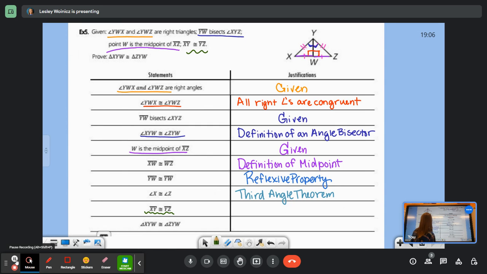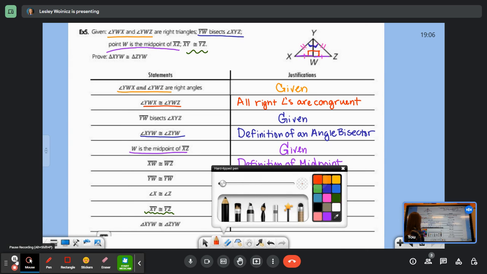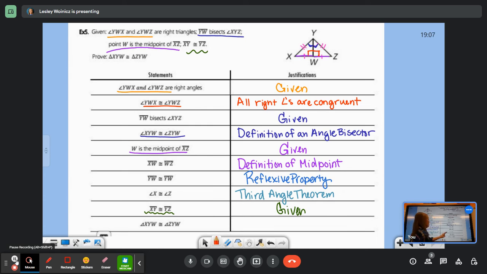That was given to us. Now if you look back over this, we have all three sides and all three angles congruent. So now we can say that these triangles are congruent by the definition of congruent triangles.